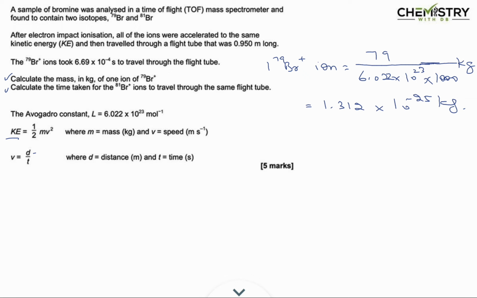You see, the kinetic energy for both Br79 and Br81 is going to be the same, right?